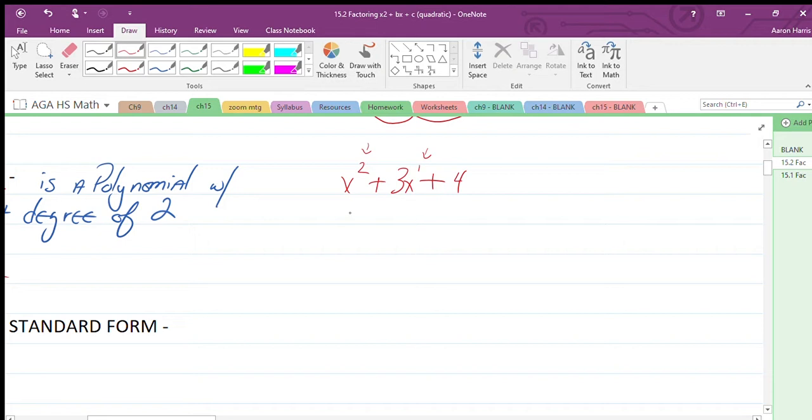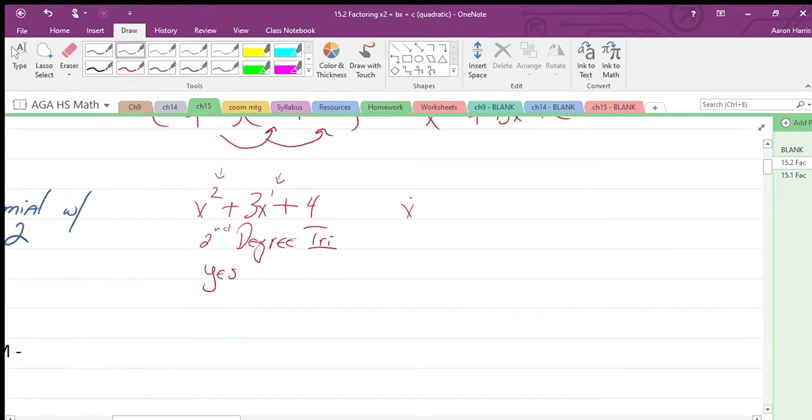That is a second degree what? Trinomial. So is that a quadratic? Yes. What if I put x squared plus 4? Is the highest degree 2? Yes. This is still a second degree, but what is it?